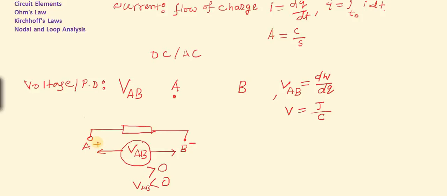The positive sign means point A is at higher potential than point B, and VAB means the potential at point A with respect to point B.